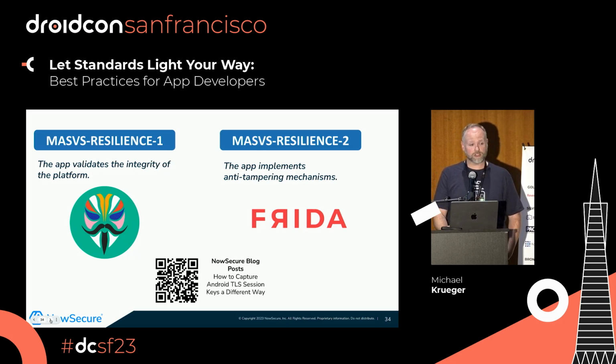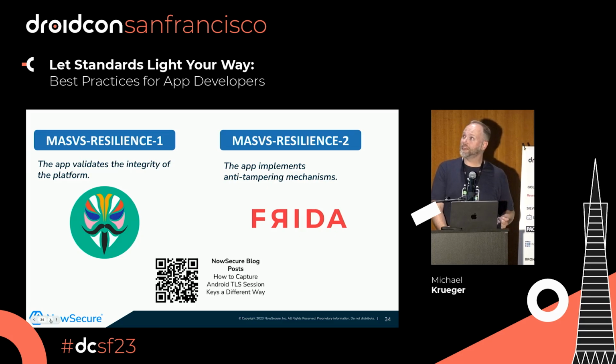The more layers of resilience they can add on, the harder it makes it for my team, and we're looking to do good, but the harder it makes it for those who are looking to do bad. And that's the goal. It's not necessarily to prevent everything. It's supposed to make it as difficult, as time-consuming, as unattractive as possible so that those individuals move on to the next app.